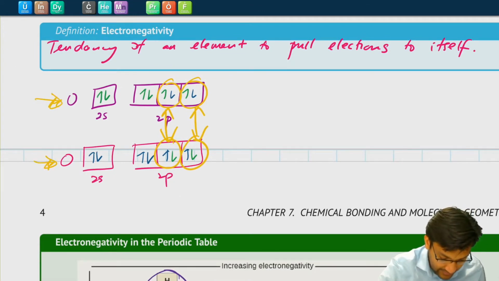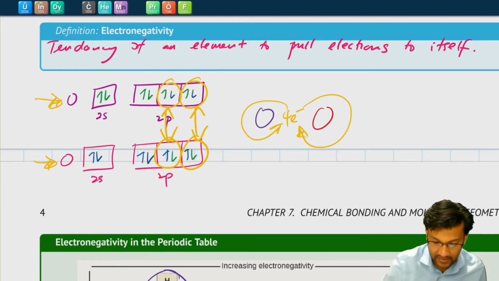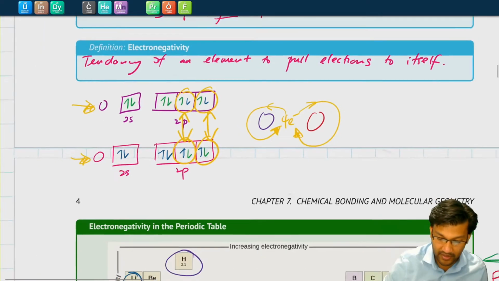If I were to draw that, here's one atom, here is the second atom, and we have these four electrons. They share electrons that way, and they form a bond.